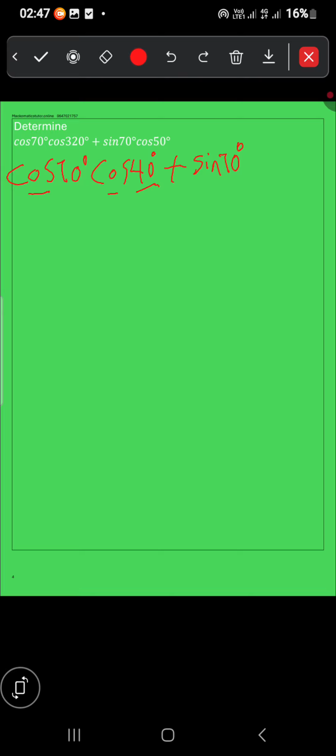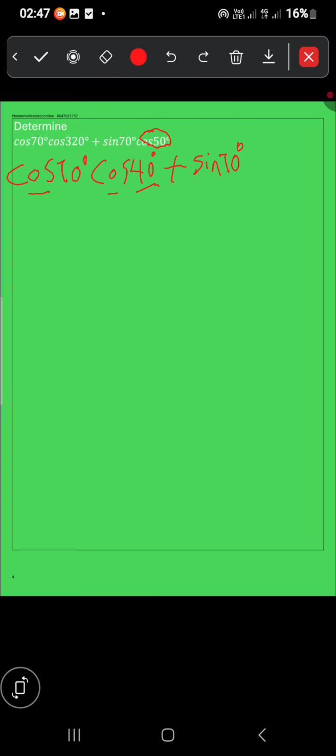Now the last cos here on the 50 is no longer necessary because already cos has repeated itself twice. Remember, each trig ratio must repeat when you are considering to use compound angle identities. Each trig ratio must appear twice. So already cos has appeared twice here. So the last cos, the cos of 50, is no longer necessary.